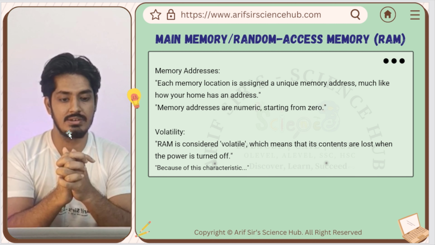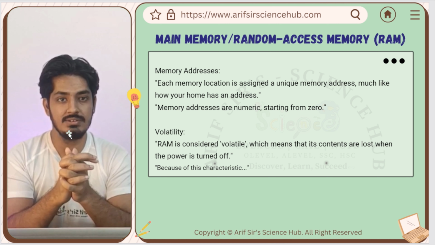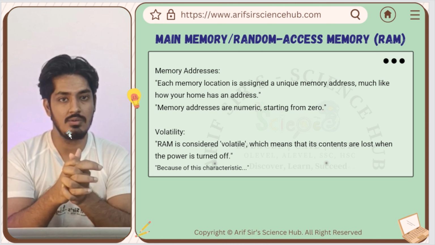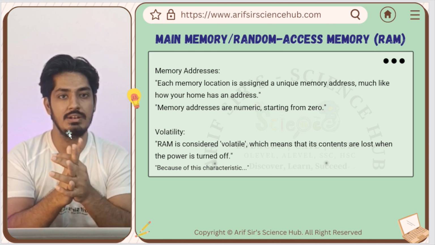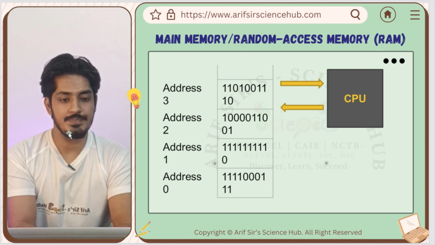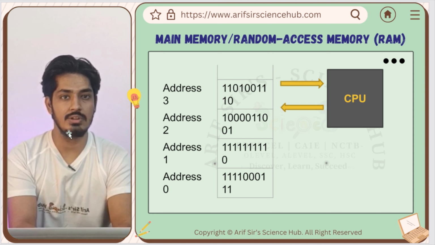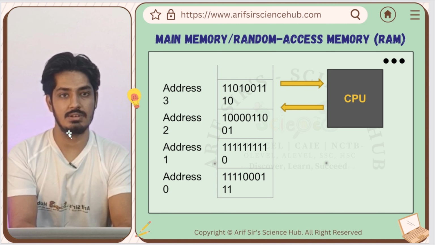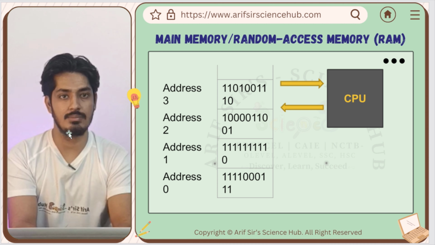Volatile means it stores temporary data, so when the computer's power goes off, the data is erased from the memory. You can see here some memory addresses in binary form. At these addresses or locations, the CPU will store or retrieve data. That means reading and writing happen in memory using these addresses, and the CPU reads or writes instructions, data or information.